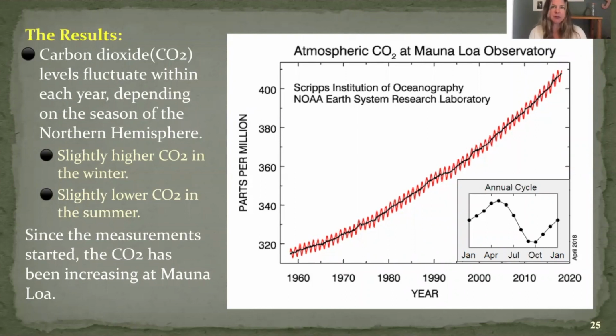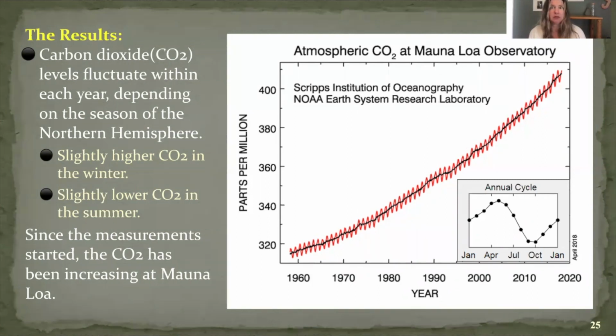They go up and down, which makes sense, depending on the season of the Northern Hemisphere. So a little bit higher in the winter, a little bit lower in the summer. Since the measurements started, carbon dioxide has been increasing at Mauna Loa. If you look at the graph from 1960 all the way up towards 2020, you can see that it's been increasing a lot.